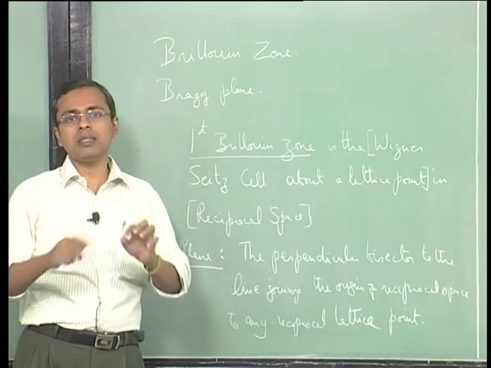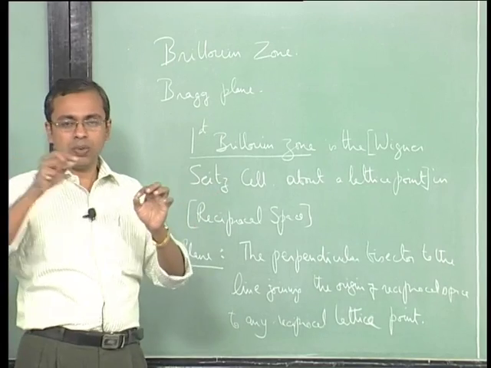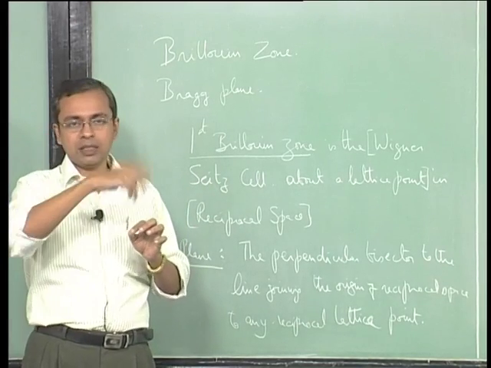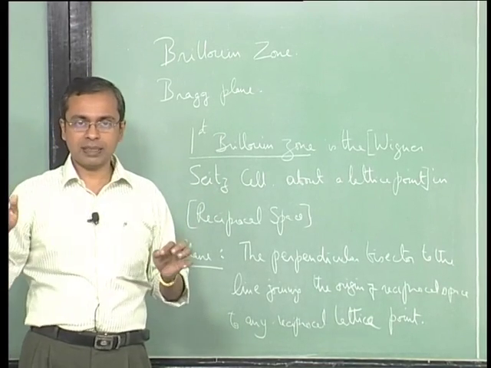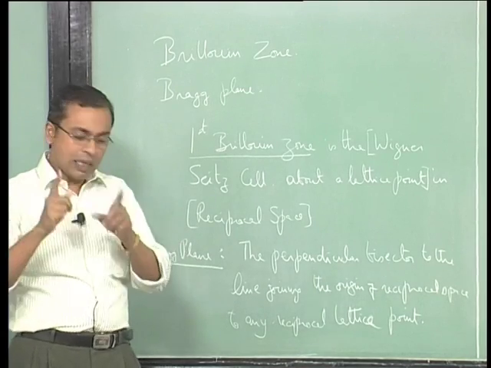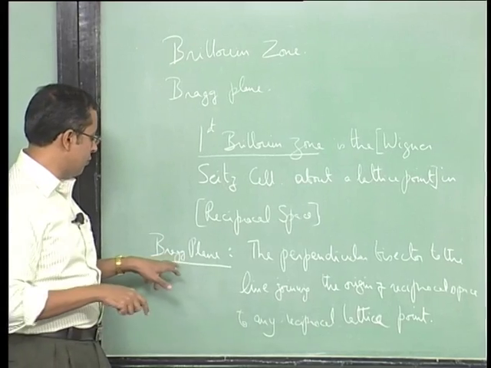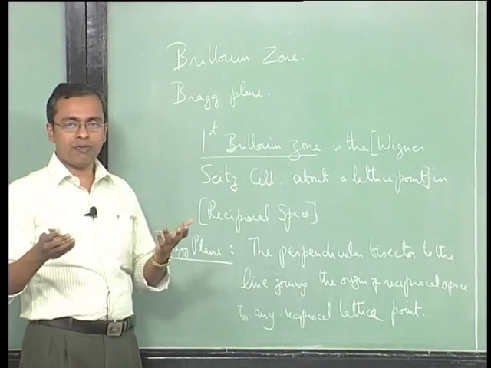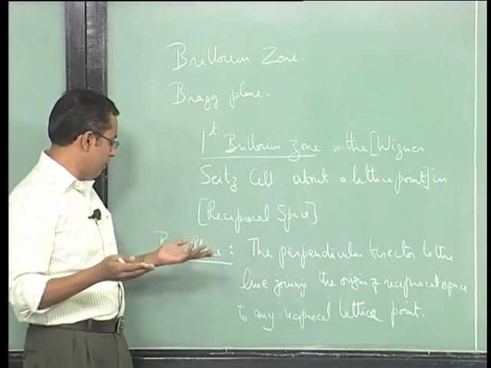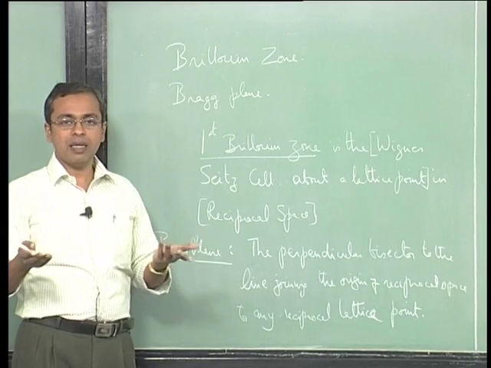In reciprocal space, you look at all the lattice points, you take the origin and you keep connecting it to any lattice point that you wish, and you draw a perpendicular bisector to that line. That perpendicular bisector is referred to as a Bragg plane. Okay, this is a bit confusing because in diffraction we talk of planes and we talk of Bragg law of diffraction and so on.